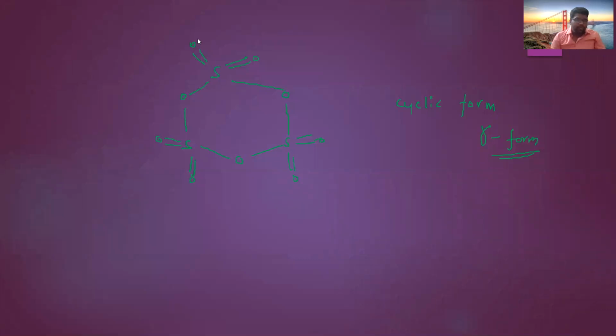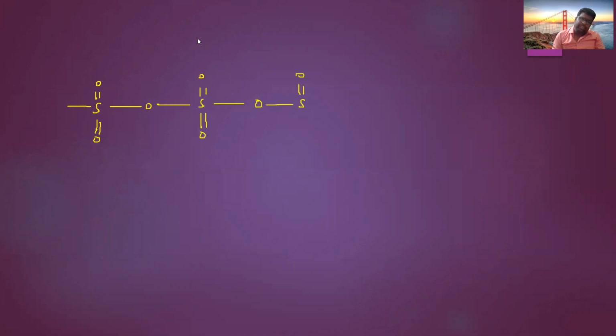It is also possible in linear form. What is the linear structure? Write down the linear structure. Linear structure means it is a polymer, a polymer-like structure. So this is linear. Sulfur is the central atom, a 6th group element, and 6 bonds are over.